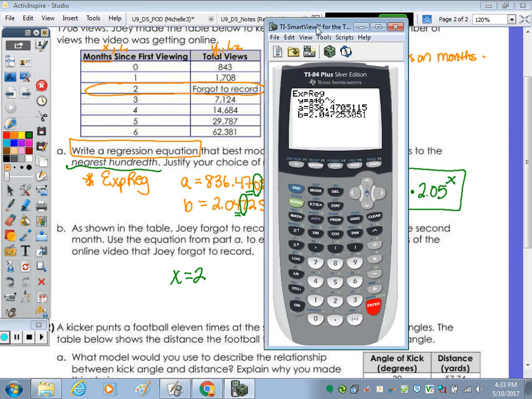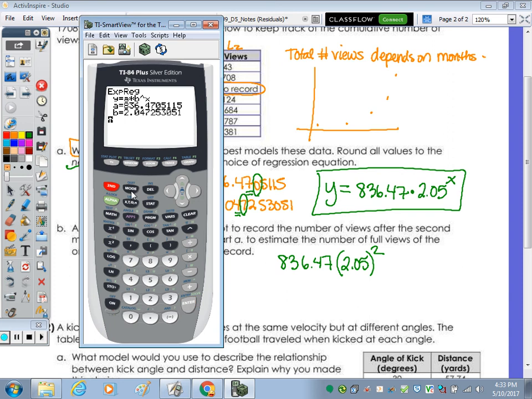So on the calculator, 2.05, whoops, 2.05 raised to the second, then times 836.47. There's our answer. The number of full views. So that's rounded to the nearest whole number.